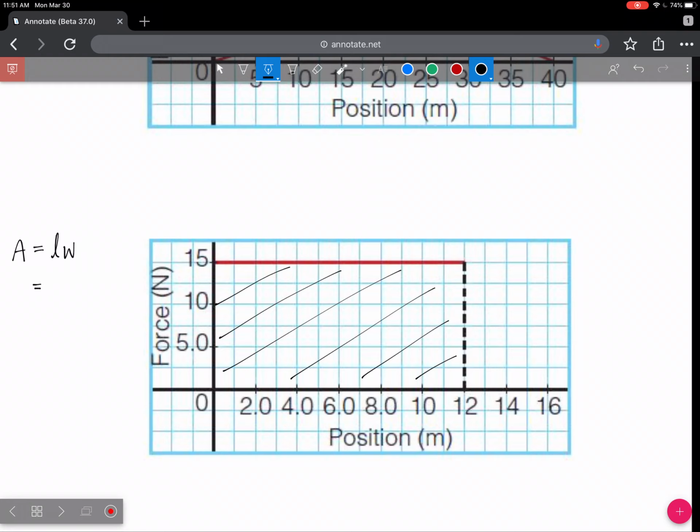The length is 15 newtons and the width is 12 meters. So 15 times 12, we have 180 Newton meters, which is 180 joules. Looks like they're offering 2 sig digs, so we'll go 1.8 times 10 to the 2 joules of energy or work.